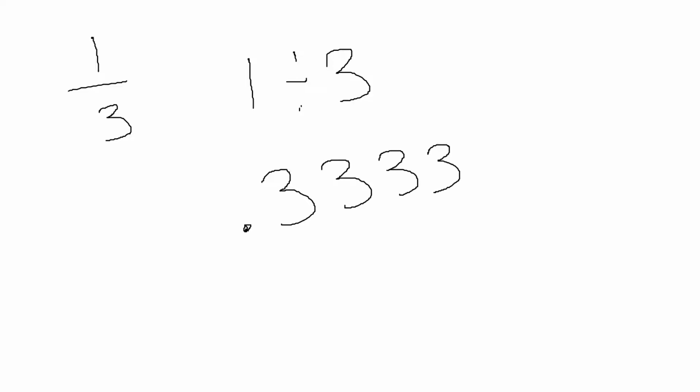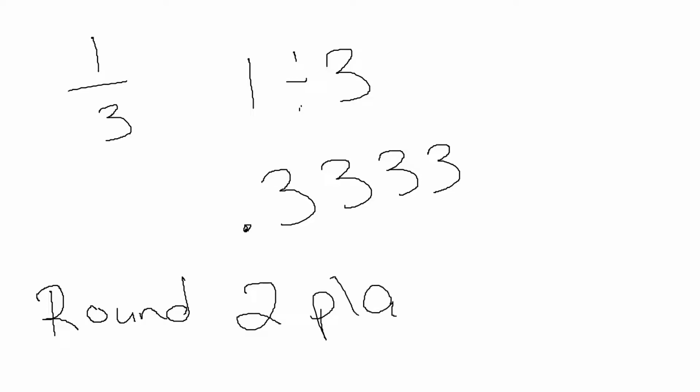Now let's talk about another type of fraction when we divide. Let's say your textbook gives you 1/3 and asks you to convert this to a decimal. We simply do top divided by bottom, and when I type this in a calculator, I get 0.33333333 on forever and forever. The rule is, unless you are otherwise told, you want to round to 2 places, which means I need to look at my third number to round this.